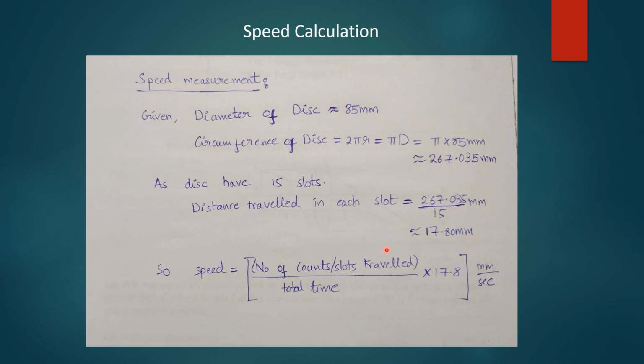Now to calculate the speed, we need the number of counts that we have taken from the experiment, and the total time is 10 seconds that we have taken. Using this formula, number of counts per total time into 17.8 mm per second, we will get the speed measurements.